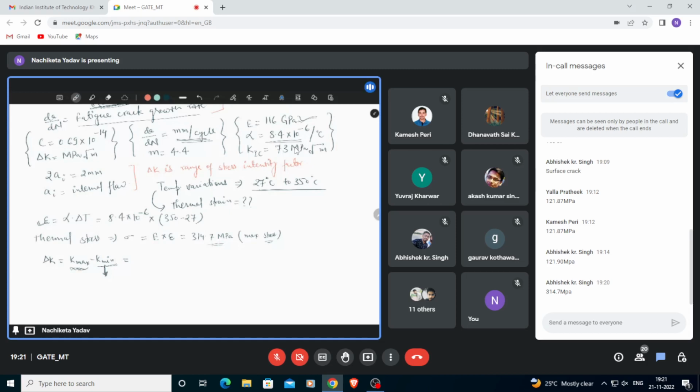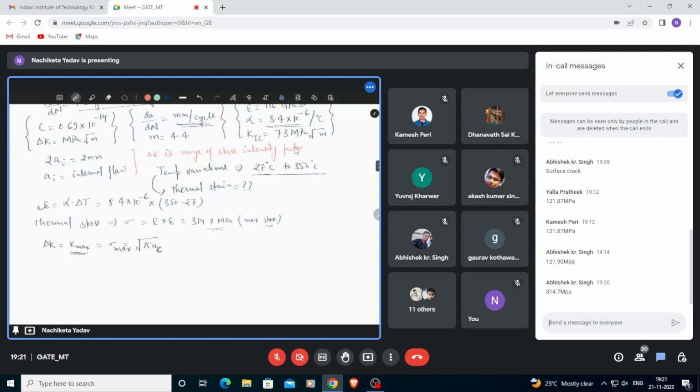So K max will be sigma max root pi a, and from here can you now calculate the critical crack length? What will be the critical crack length, the value of AC?